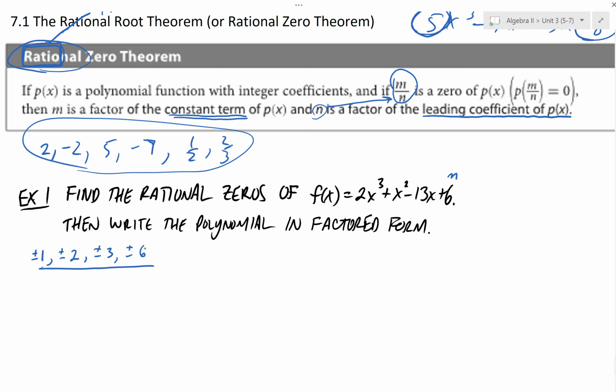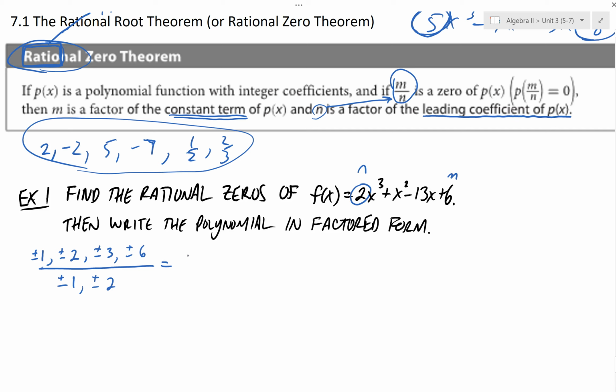Those are all the factors of 6. And then n has to be a factor of the leading coefficient. So our denominator has to be a factor of 2. So what are factors of 2? Plus and minus 1, plus and minus 2. Okay? So now we need to list all the possible fractions that we can make with these numbers.